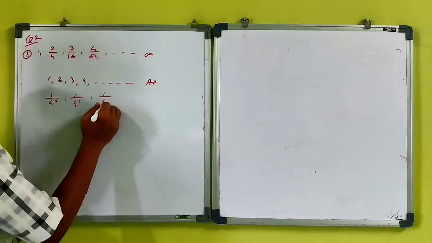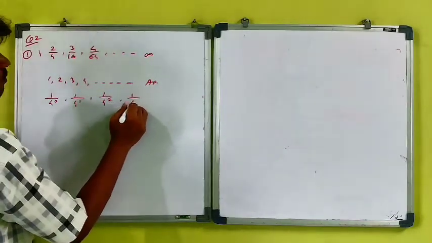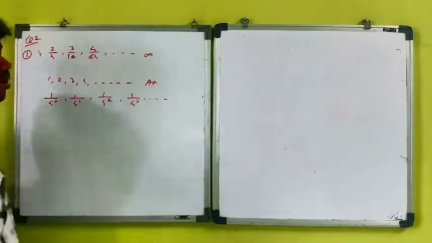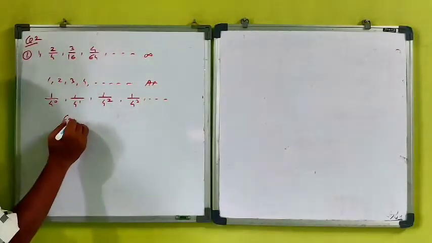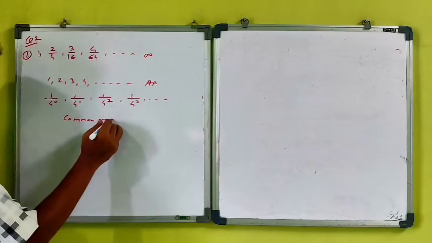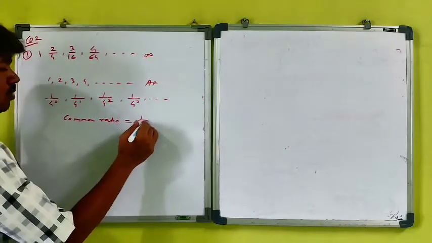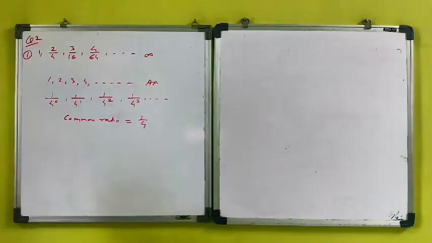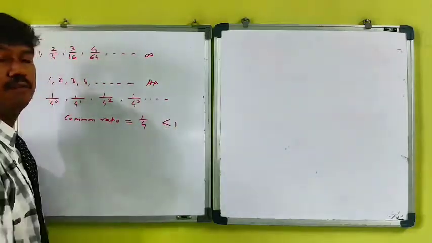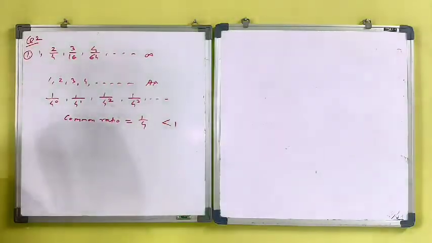The next term is 1 upon 4 square, and so on. So the common ratio here is 1 upon 4, which is less than 1. Therefore, the sum of the infinite series is possible.